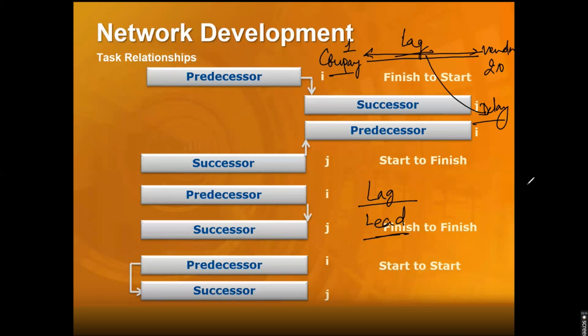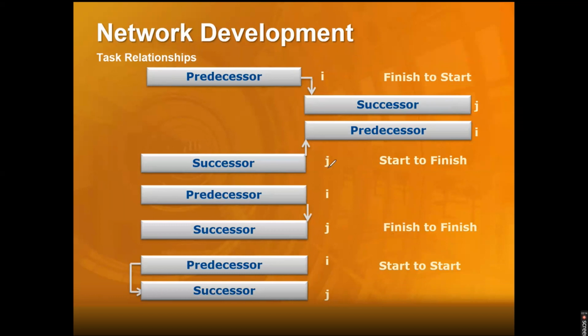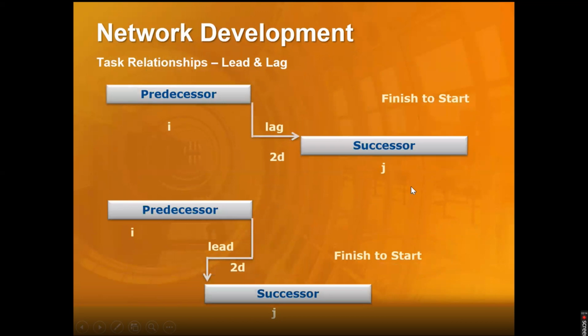What is lead time? Let's see an example. I have to do this job, and hypothetically it takes 5 days to complete. It will start here and end here, and it's a finish to start relation. Let me go to the image and talk about it.